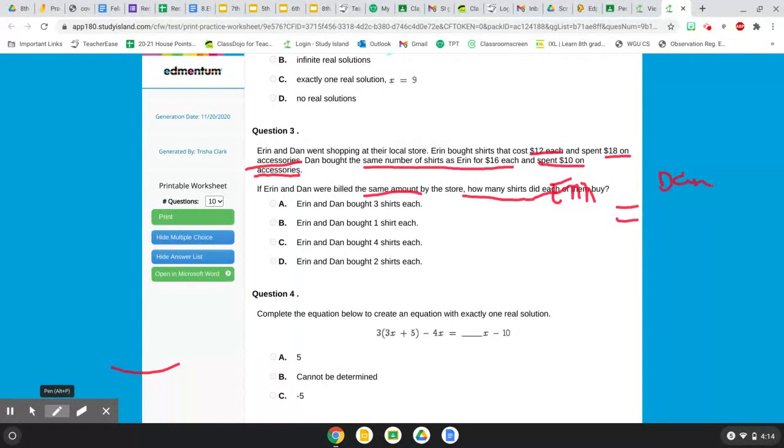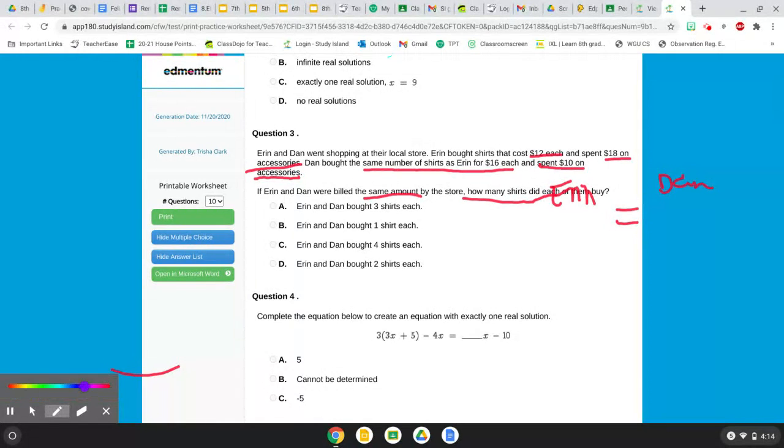So let's go back up to what we underlined earlier, because the highlight option is not available. Erin bought shirts that cost $12 each. Do we know how many shirts she bought? No, that's actually what it's asking. So if I don't know how many shirts she bought, what do you think we're going to do to represent that? Yeah, we're going to use a variable.